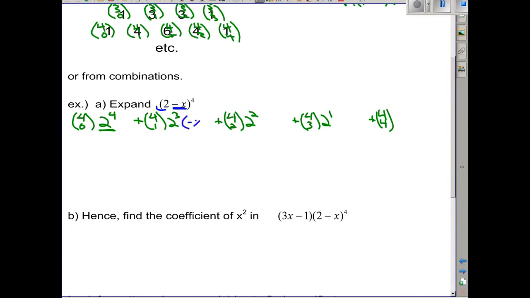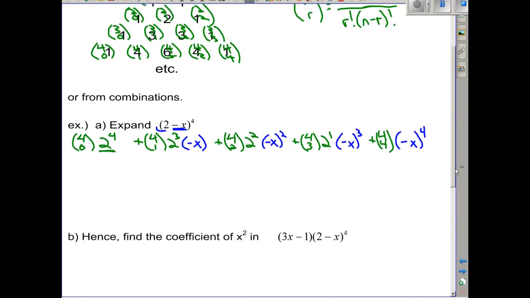We're multiplying here, so this will be times negative x, times negative x squared, times negative x cubed, and finally times negative x to the 4th. So powers go down on the first term in the binomial, powers move upwards on the last term in the binomial.